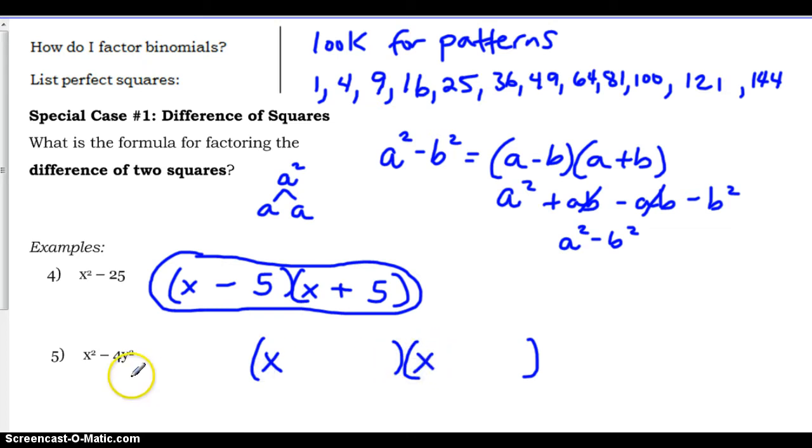And we're looking for the same thing multiplied by itself to get 4y squared. Thinking about 4, that would be 2 times 2, and then y squared would be y times y. And the only way they wouldn't have a middle term is if one is a minus and one is a positive.